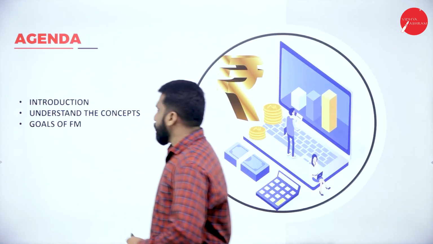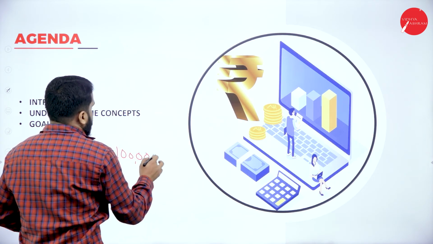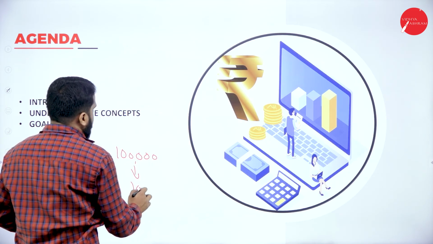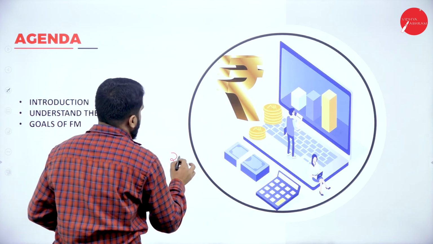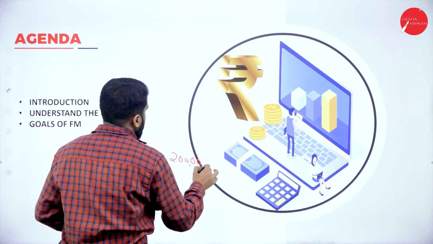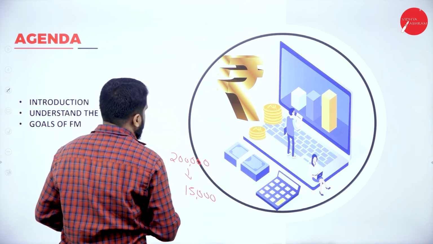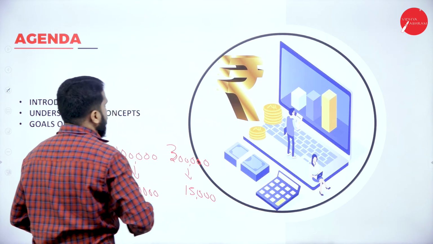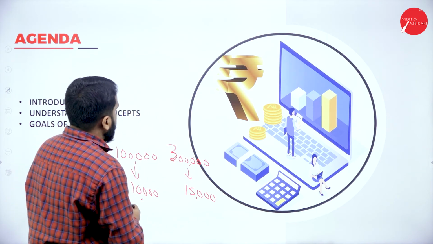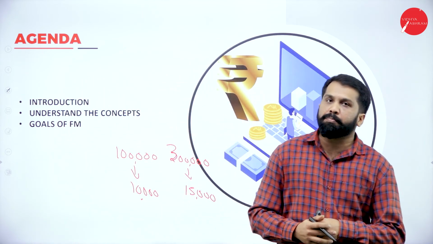Now, last year your sale was 1 lakh and profit is 10,000. This year your sale is 3 lakh and your profit is around 15,000. Now, is it good or bad?